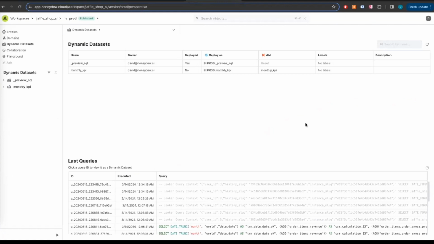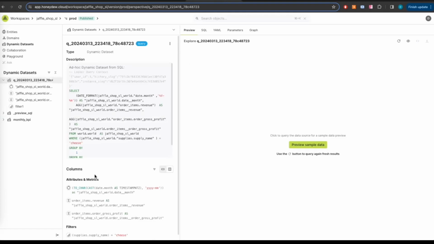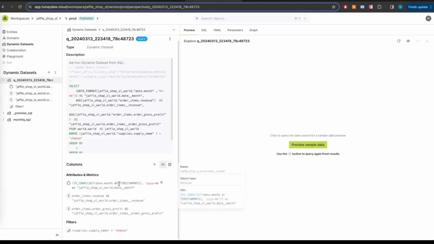We have to collaborate and define. And we start with actually just taking a look at the last query, the one that we sent from Looker about cheese. Because from that query, we can start and zoom out on everything the semantic layer does. So in the very technical sense, this is a query from Looker, and we looked at the revenue and gross profit metric and a specific supply.